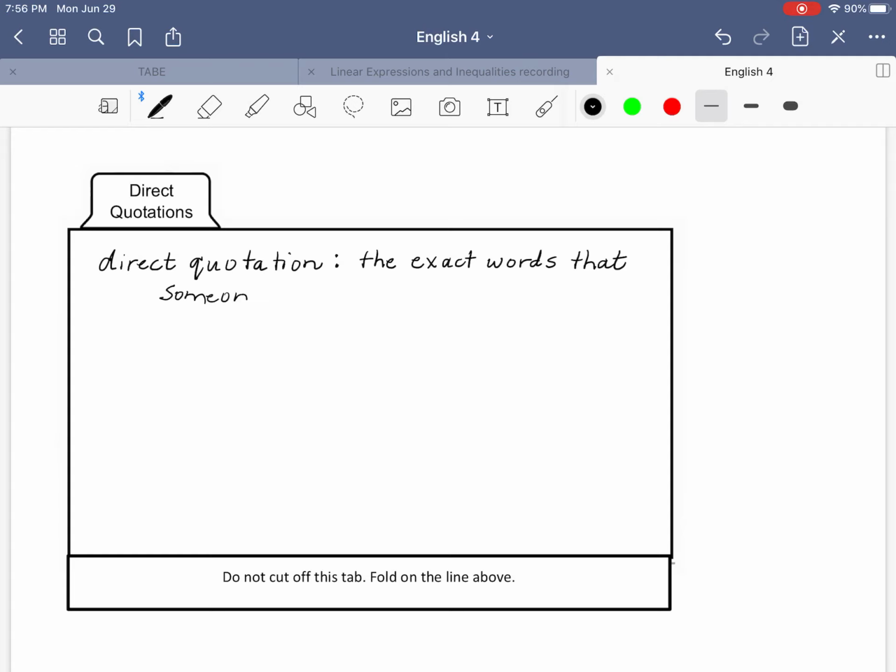And when I used to teach this to students who had never worked with quotations before, I would always have them draw a stick figure because I simply cannot draw, and I'm going to call him John. So this is John. And then I would have them draw one of those speech bubbles that you see in the cartoons or wherever you might see them.